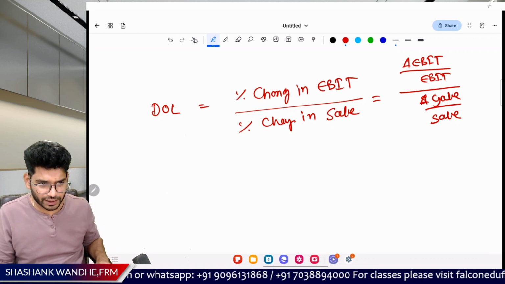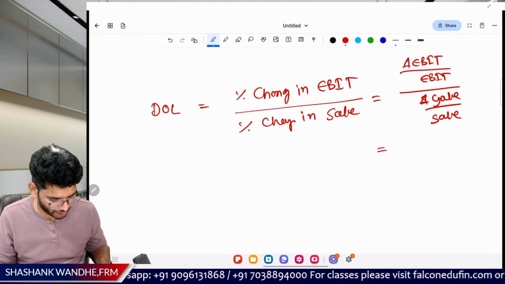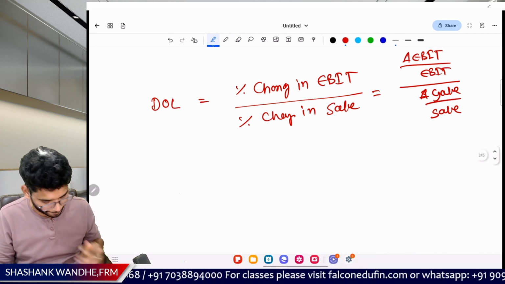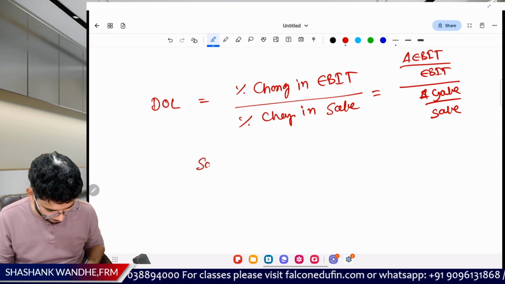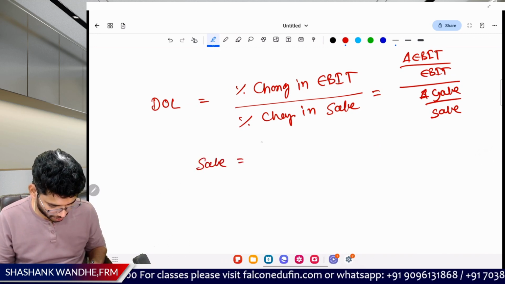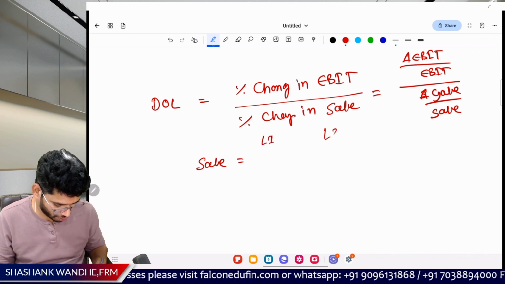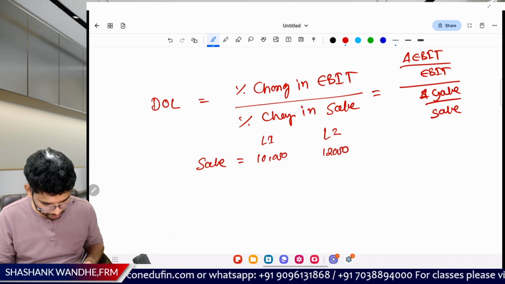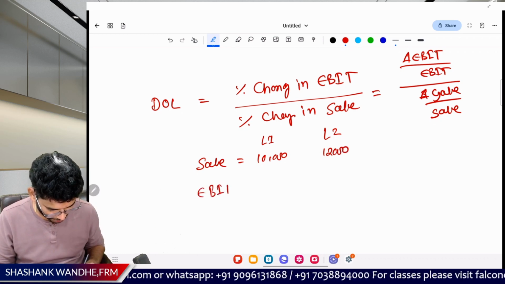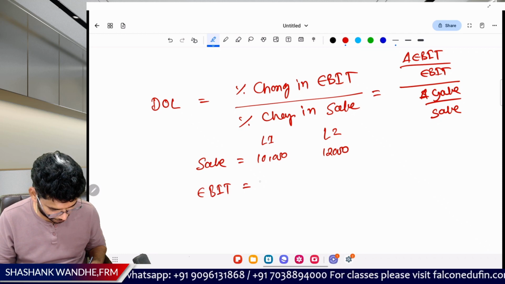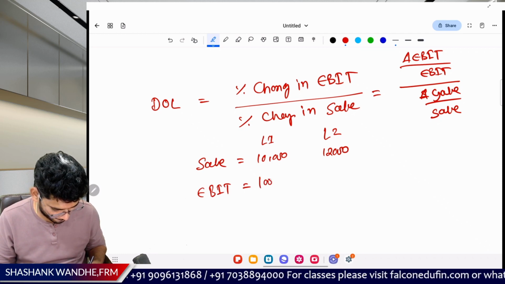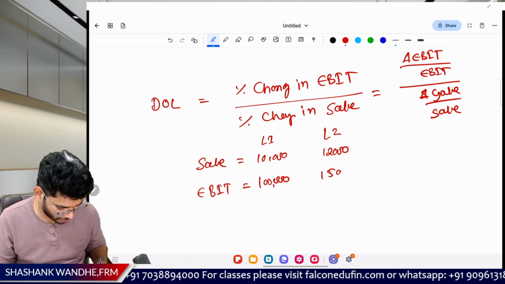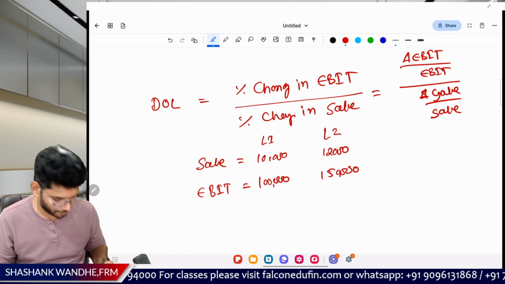Now we can put values here. Let's take values like change in EBIT: sale from level 1 to level 2, 10,000 to 12,000, and your EBIT is, say, 1 lakh to 1,50,000.